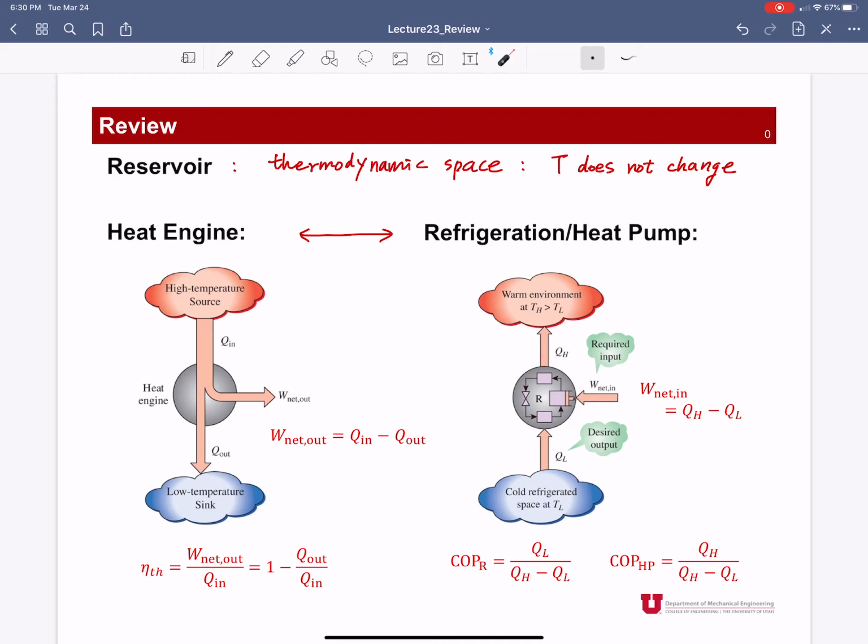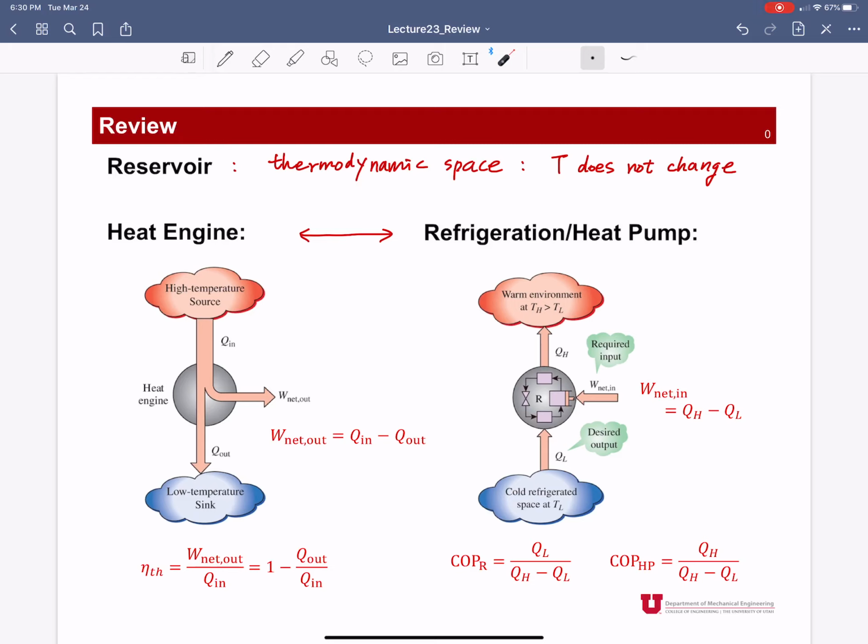Now, the second perspective we always have to think about is how efficient your heat engine is. In order to measure that efficient use of heat engine, we have to define the thermodynamic or thermal efficiency, which is defined as desired output. For the heat engine case, desired output is W net out divided by required input.